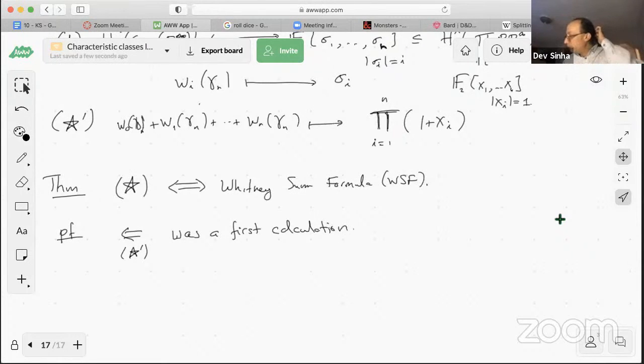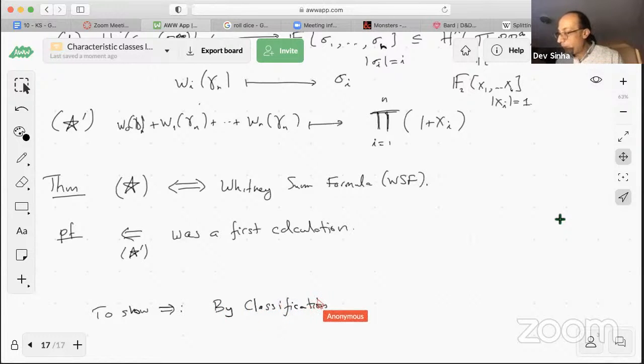So to show the other implication, first note that we're going to use the classification theorem. Again, that's key. This calculation is a priori weaker than any kind of universal formula, but part of what we're doing is making use of this classification theorem.